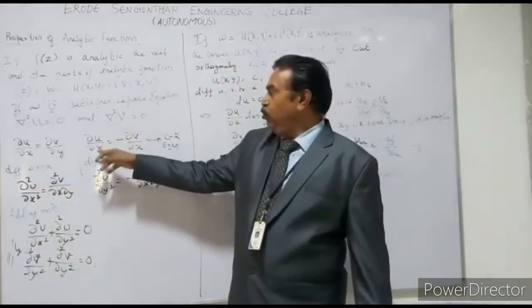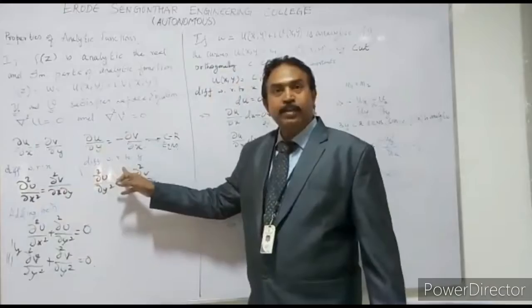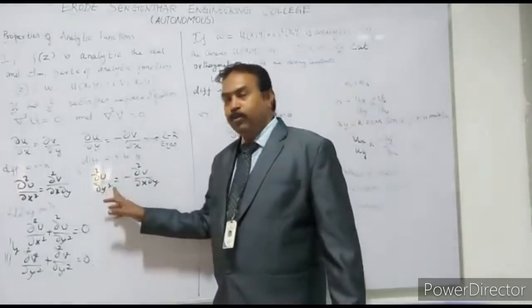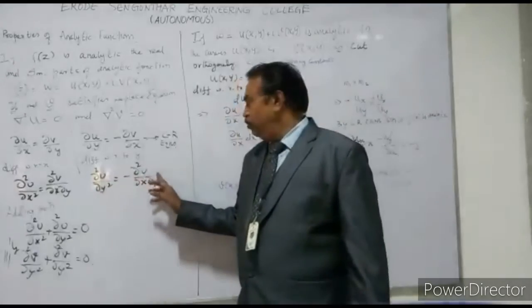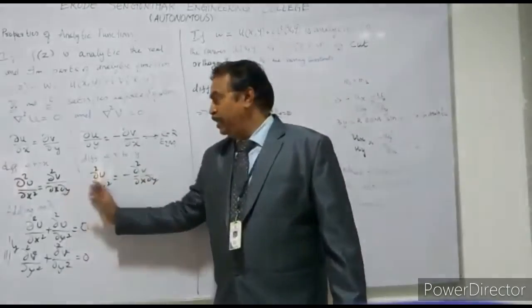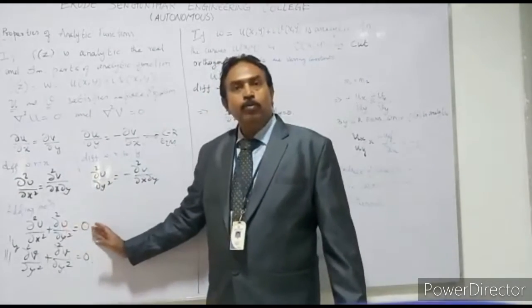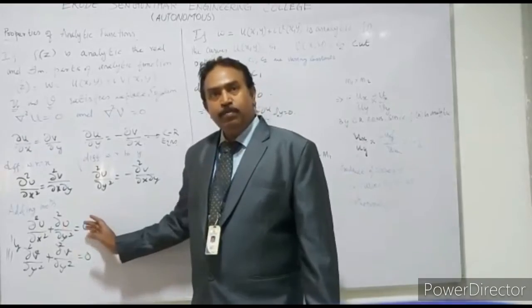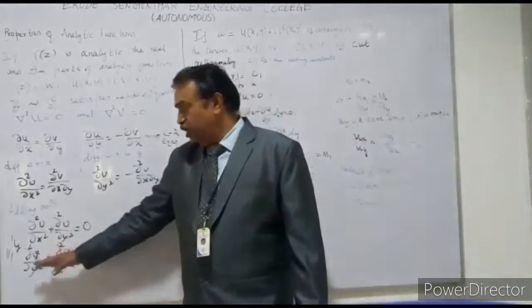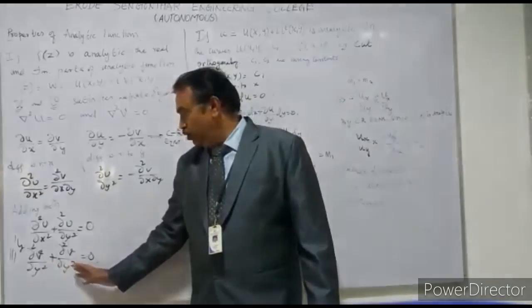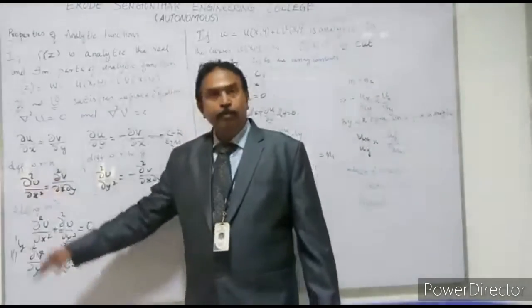Similarly, differentiating dou u by dou y with respect to y, we have dou square u by dou y square is equal to minus dou square v by dou x dou y. So adding both these, we have dou square u by dou x square plus dou square u by dou y square is equal to 0. Similarly, we can prove that dou square v by dou x square plus dou square v by dou y square is equal to 0. Right?